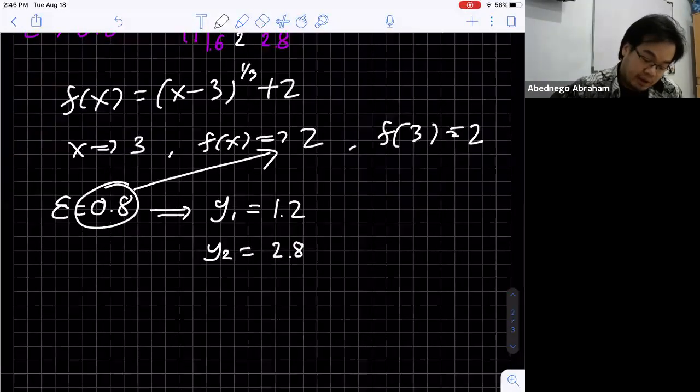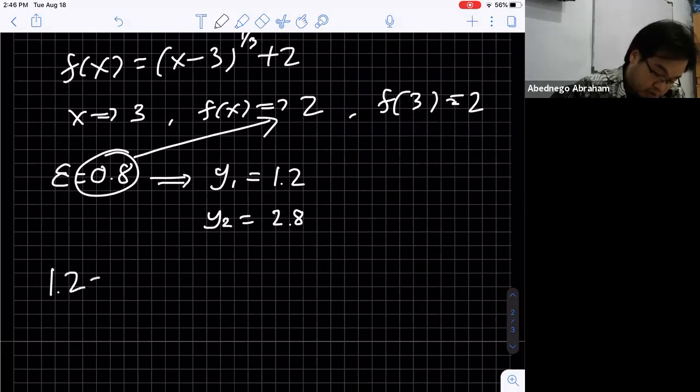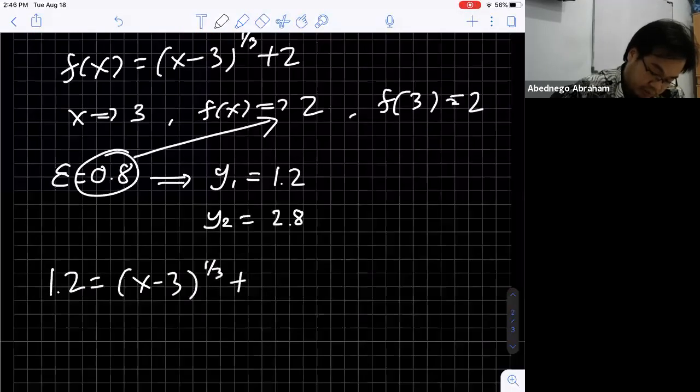Okay. And then of course we try to find the value of x when the y is equal to 1.2 and 2.8.